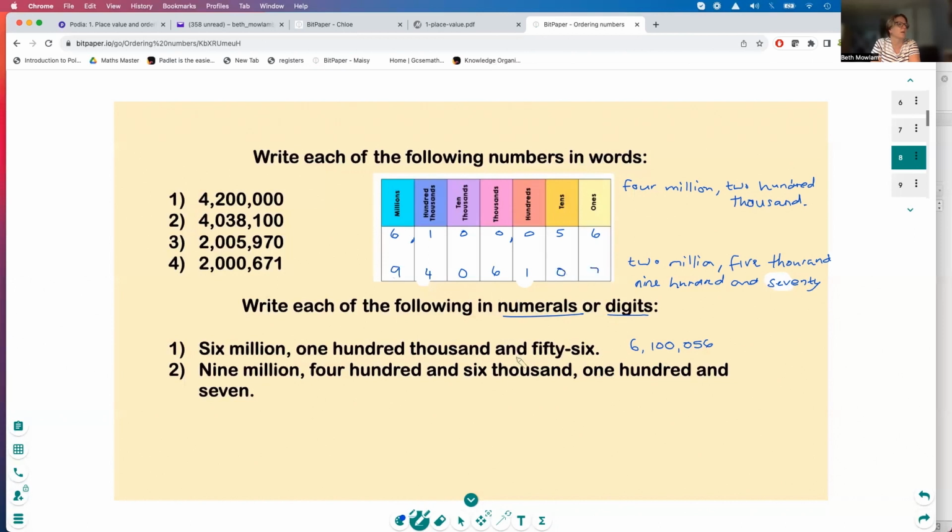So I fill in all my gaps with zeros, and you should get the answer 9,406,107. Oops, apologies. I don't know what's going on with this pen. 107. So 9,406,107.